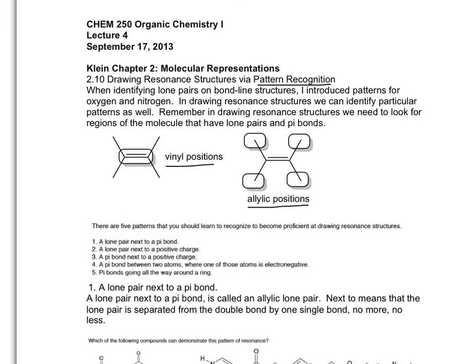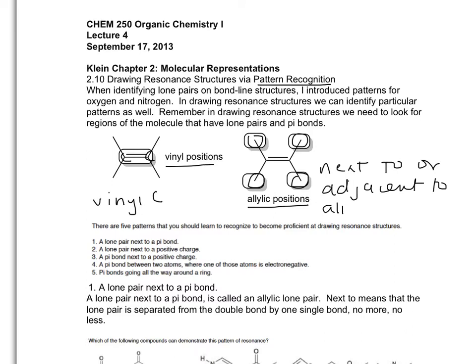So here, highlighted, we have a double bond. The carbons directly attached to the double bond are vinyl carbons. Now the carbons that are next to or adjacent to the double bond are called allylic carbons.